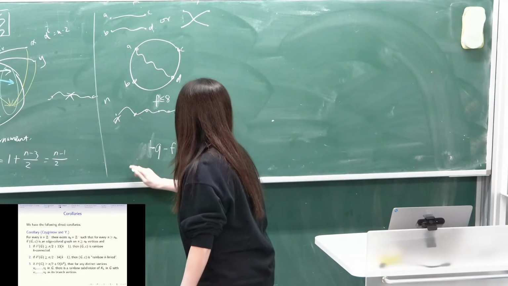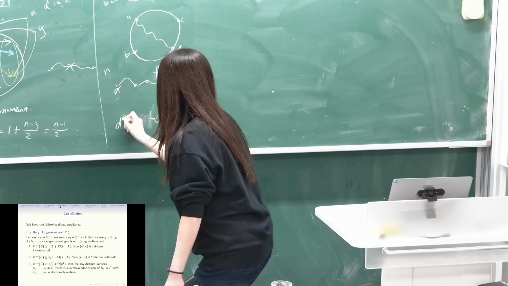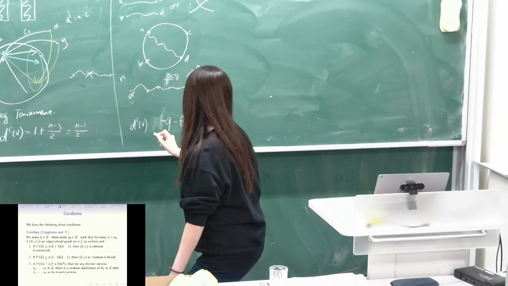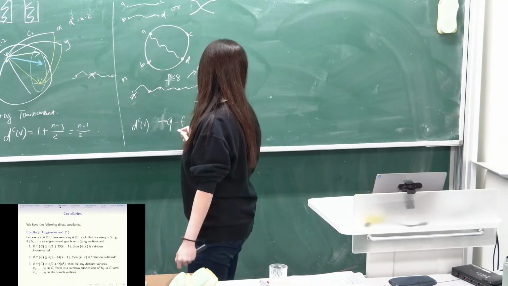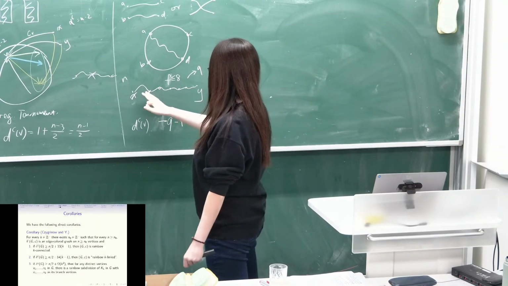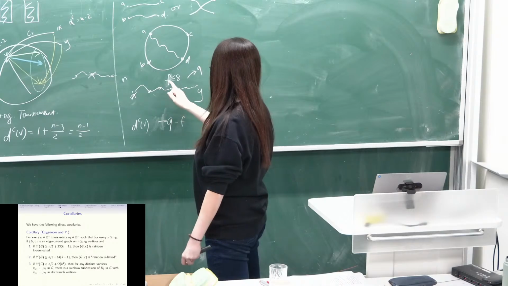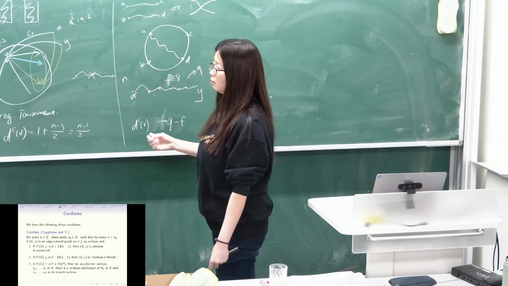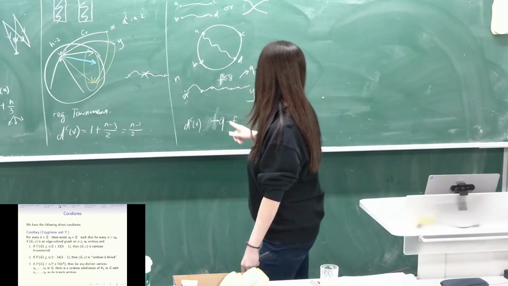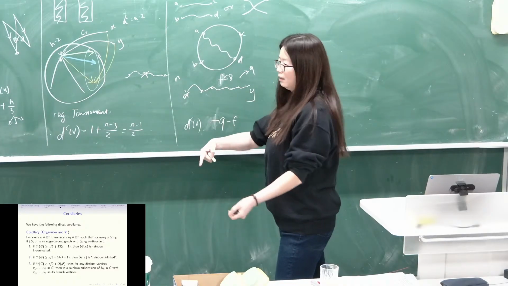So now the new d_c(v) equals the original d_c(v) minus 9 minus f. And also the total number of vertices in this graph is reduced by f. So from the half of n, we have half of f gain.